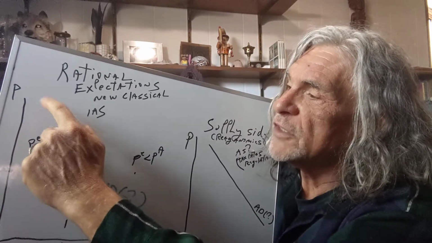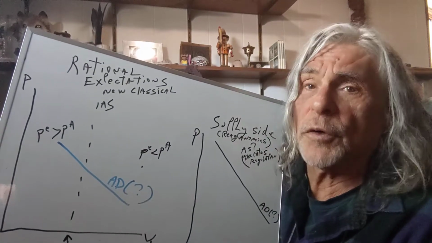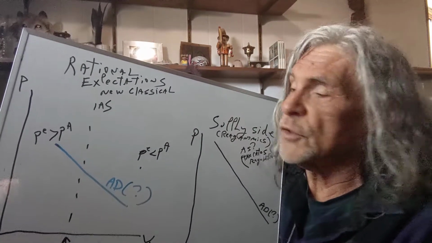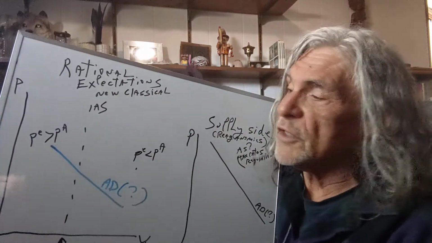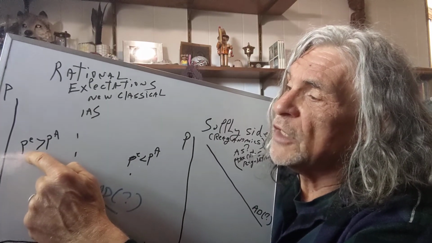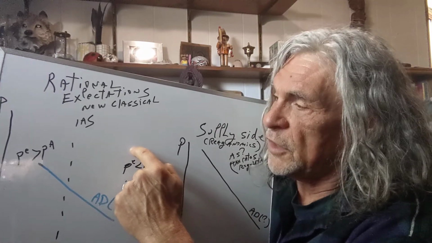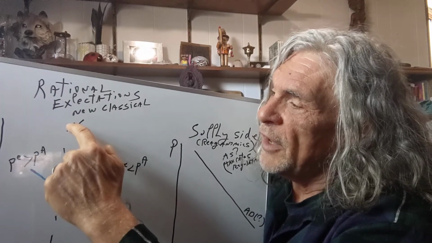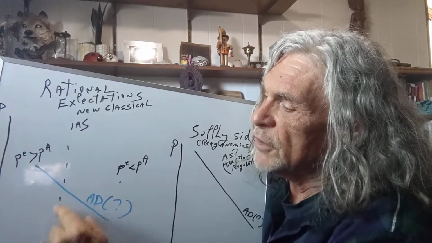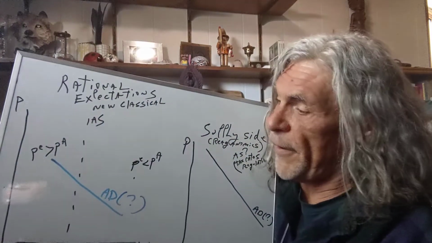And over here on this side, workers are fooling themselves into working fewer hours than what they would like to work if they really understood where the price level was. So over here, they're overestimating the price level, and over here, they're underestimating the price level. And when workers guess correctly, which they do on average, well, then GDP is right here. We follow that little dashed line.